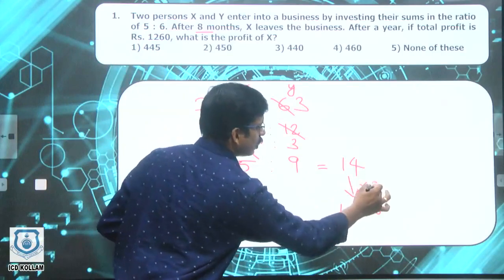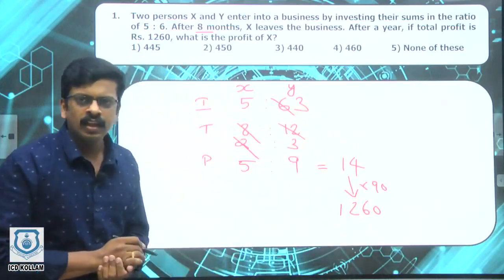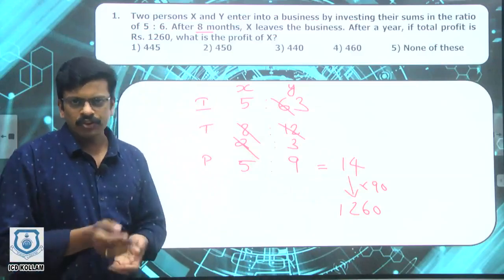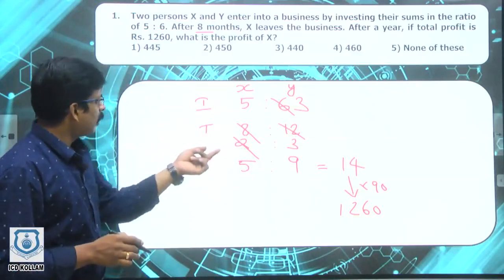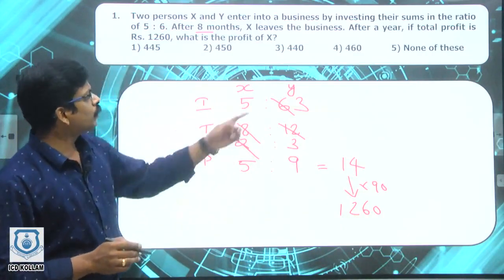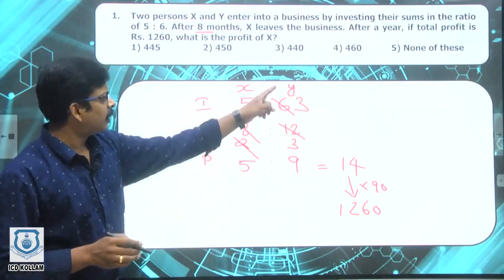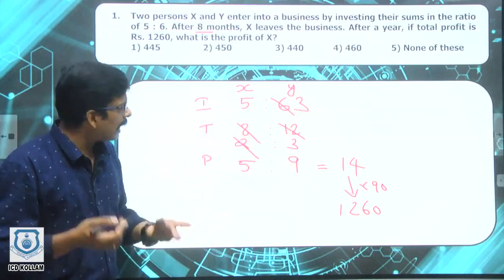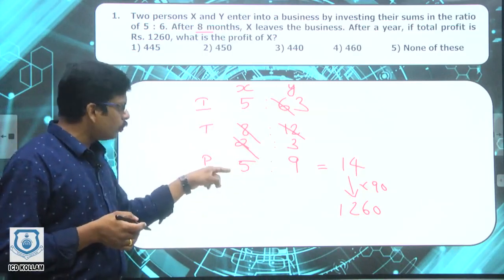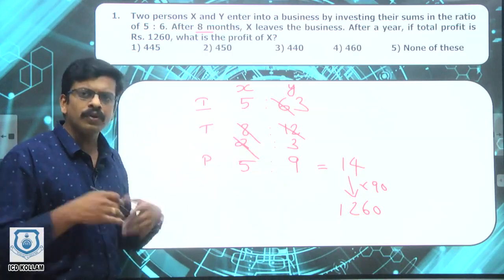You know it is into 90. So this into 90 is the operating number for this question. If you need to find X's profit, then 5 into 90, or if you need to find Y's profit, then 9 into 90, or even if you need to find the difference, then the difference into 90, the difference here being 4 into 90.